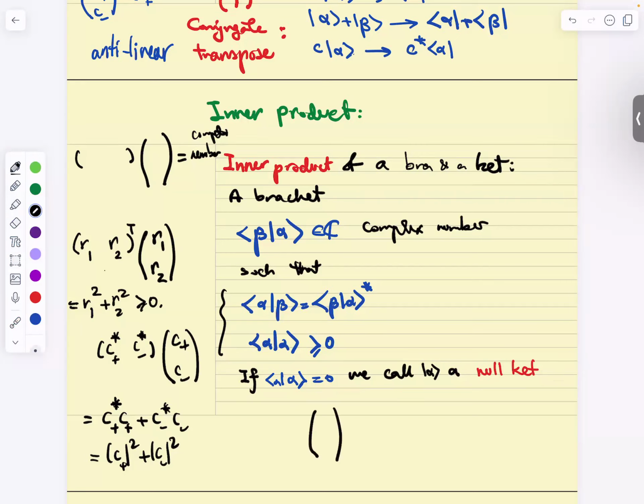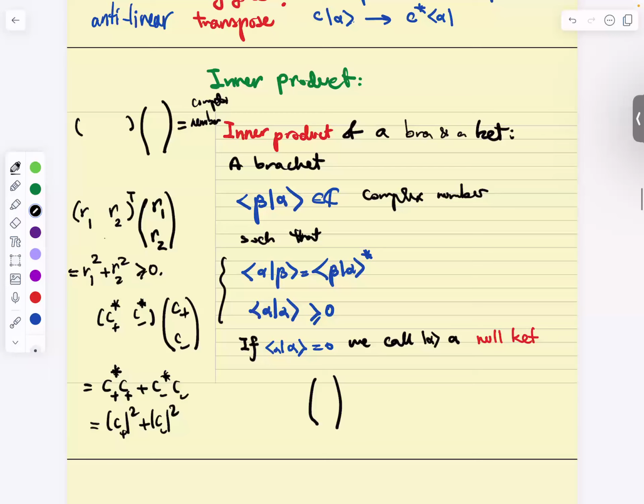Tell me how to write it. So this has to be equal to 0. The only way to satisfy that with complex numbers is 0, 0. There's no other way of satisfying it, right? If I had not taken complex conjugation here, I would have had crazy null kets. I would have had some vectors that were not 0, 0, but had 0 length, right? All right, any questions?